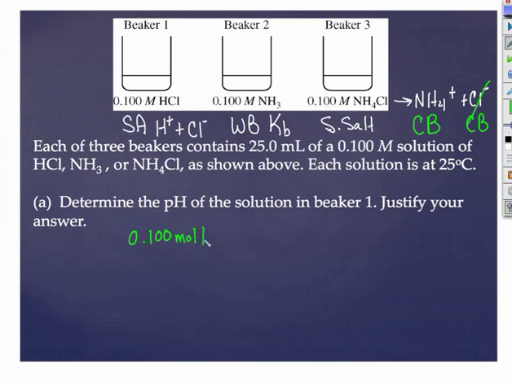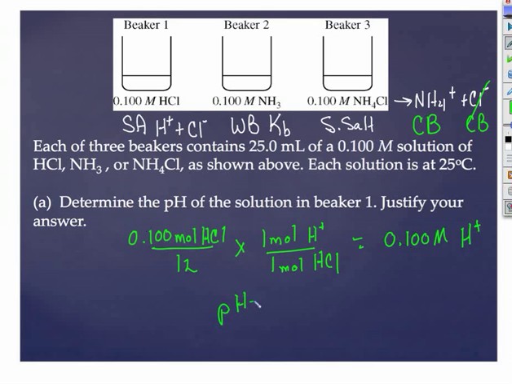I've got this many moles of HCl per 1 liter times I get 1 mole of H plus for every 1 mole of HCl. So that means I also have 0.100 molar H plus present, and now all I have to do is calculate my pH.